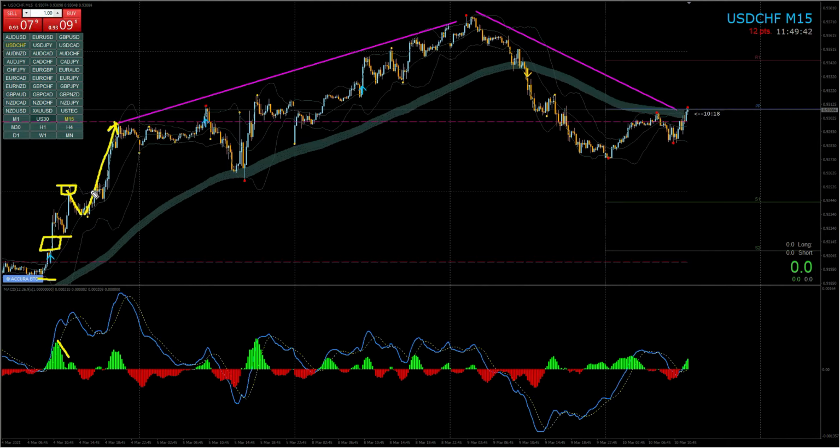When the price breaks here, we can move the stop again to this level, and when the price is here, we can move the stop to this level, and finally we have TP2. So it's a very good entry, really.